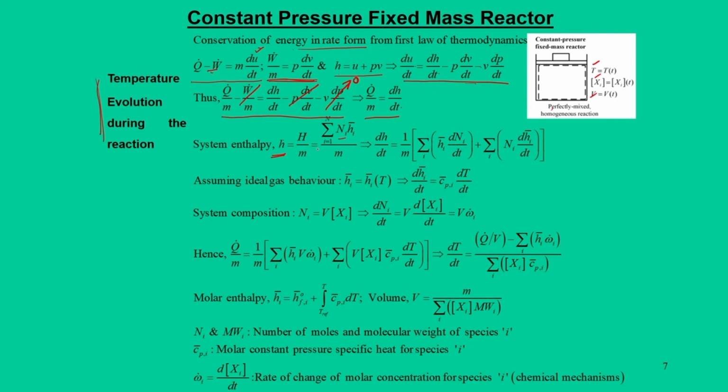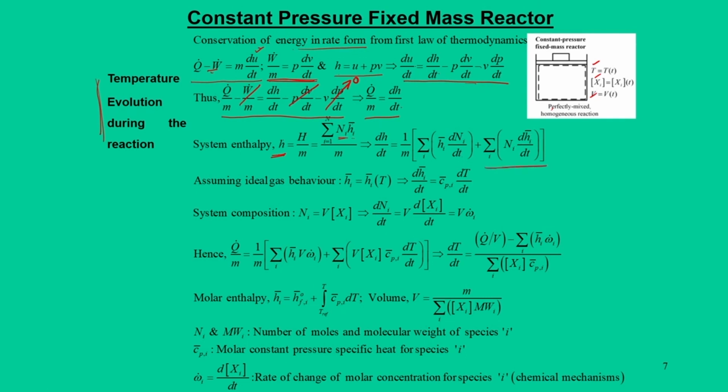Each species is formed, its enthalpy also changes with time, because the temperature also changes with time. So, these two terms are functions of time and they are related. This differentiation gives dH by dt equal to 1 by m summation of Hi bar dNi by dt plus again summation Ni dHi by dt.